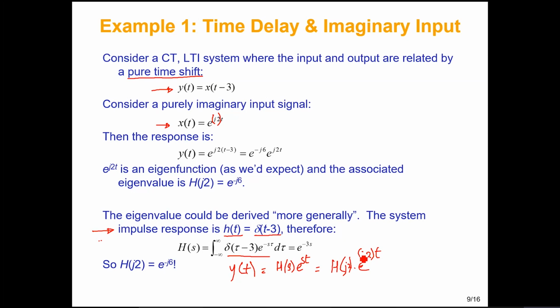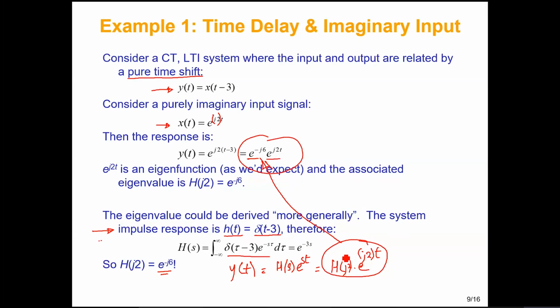This is what we need to evaluate, and just plug in the value. h of j2 is this, so you end up getting h of j2 into e raised to the power of j2t. So this whole thing is basically here. So a simple example was shown where we showed how this concept of eigenfunction and eigenvalue can be used to solve very simple systems.